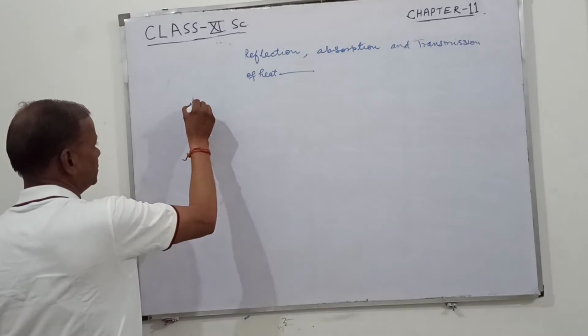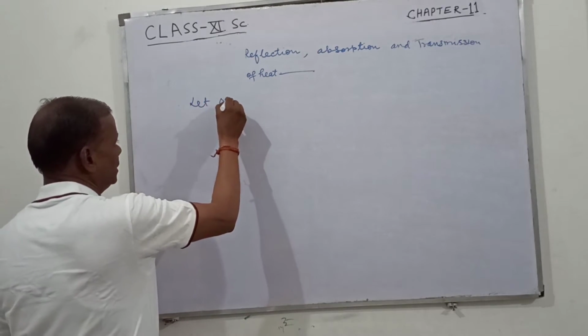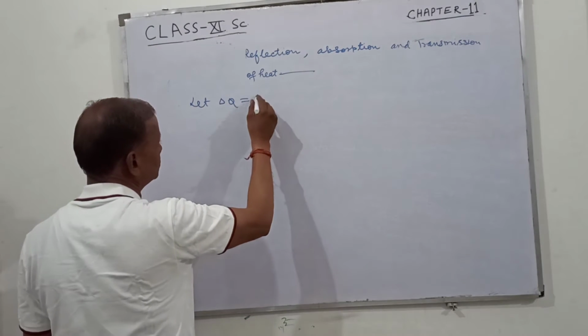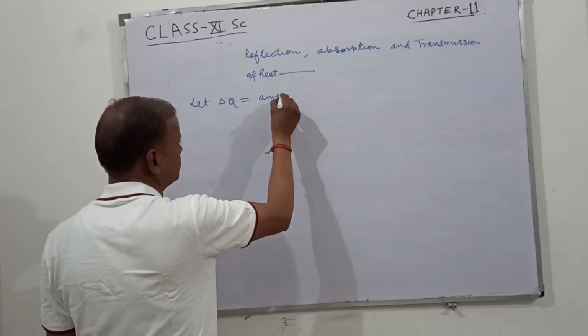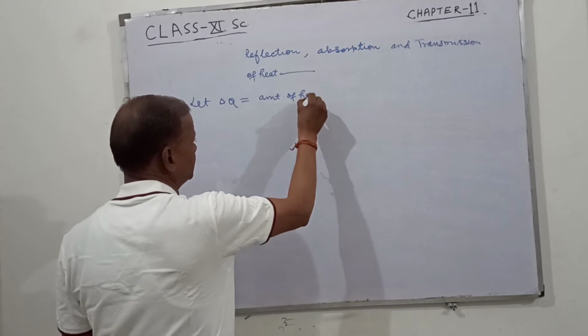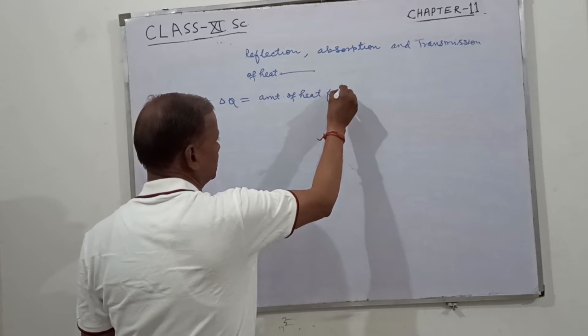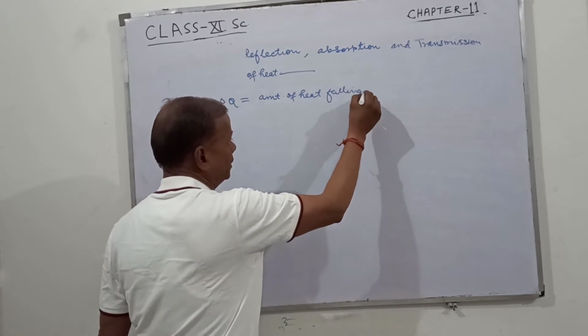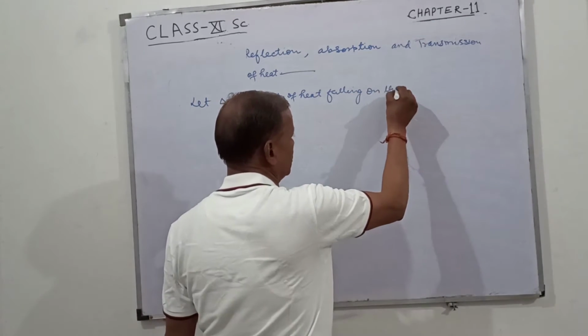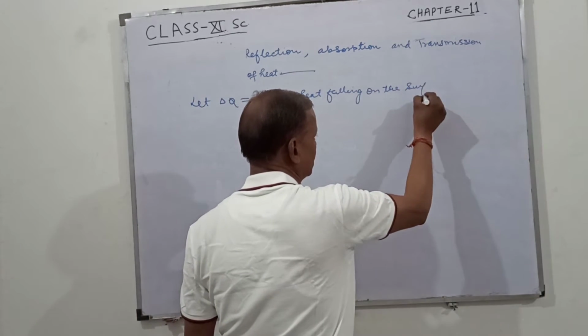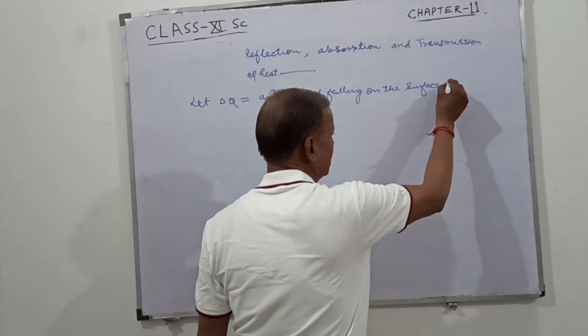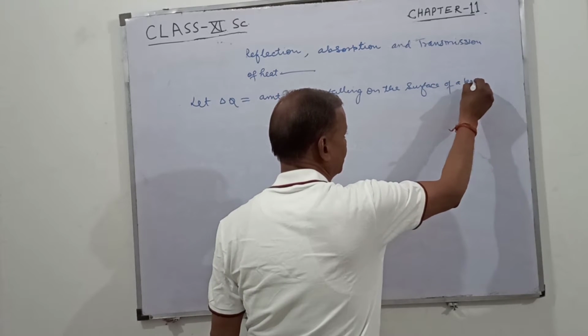Let delta Q equal the amount of heat falling on the surface of a body.